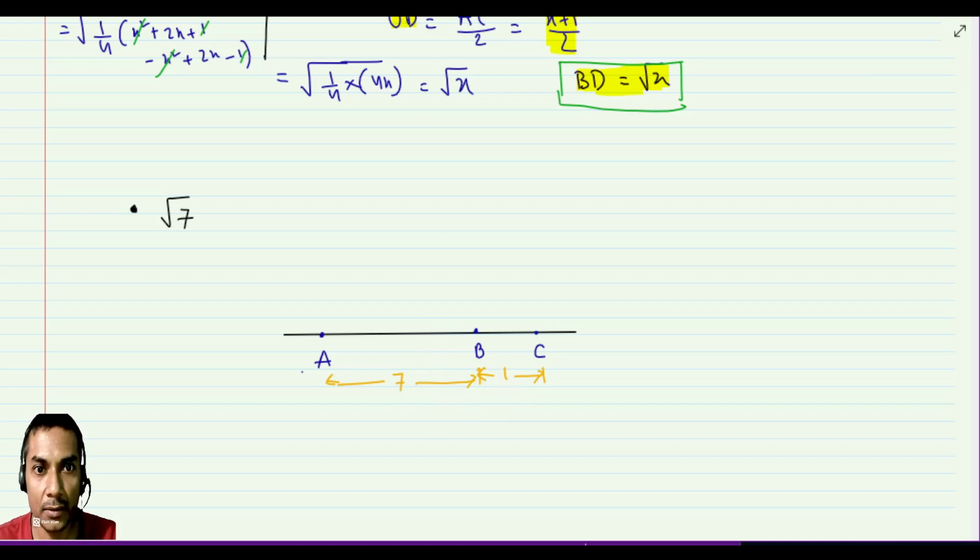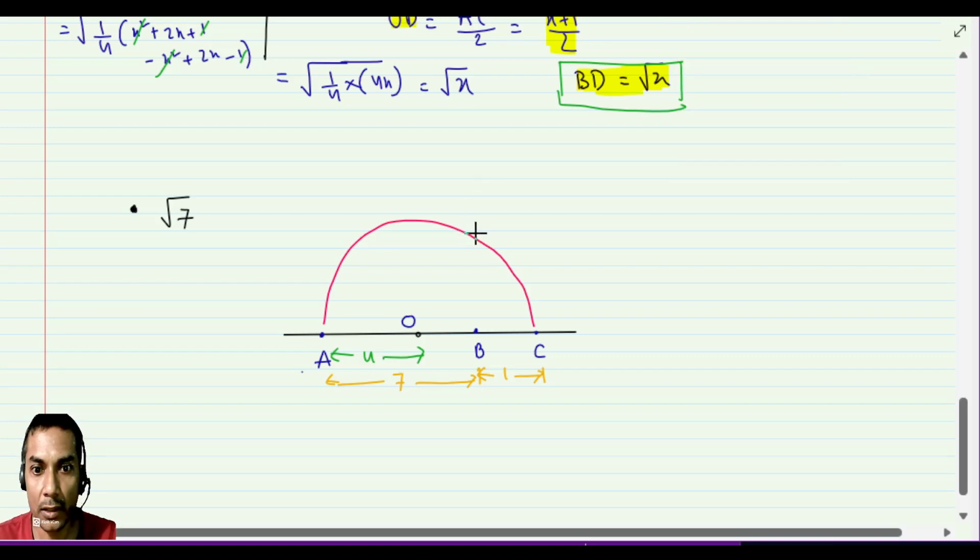You mark a point O here, at distance 4. Next you draw one arc with this center O. Clear? Draw one arc here. Then draw one vertical line at B.